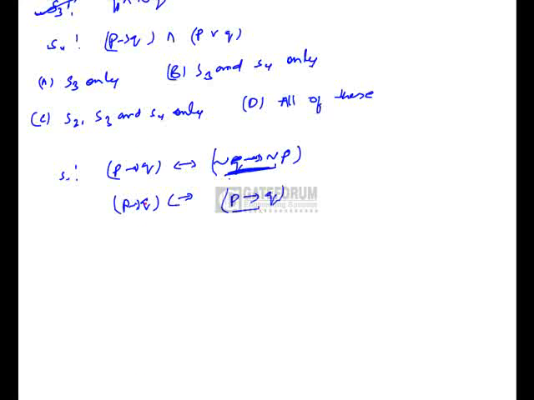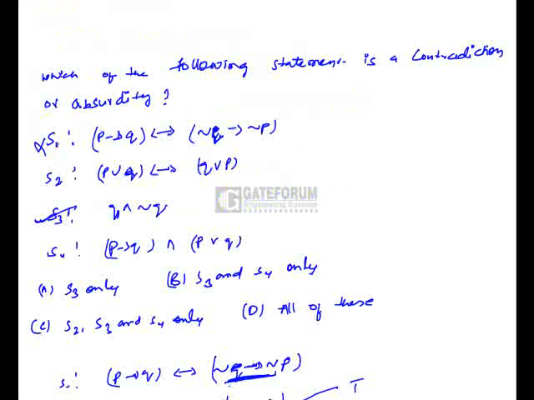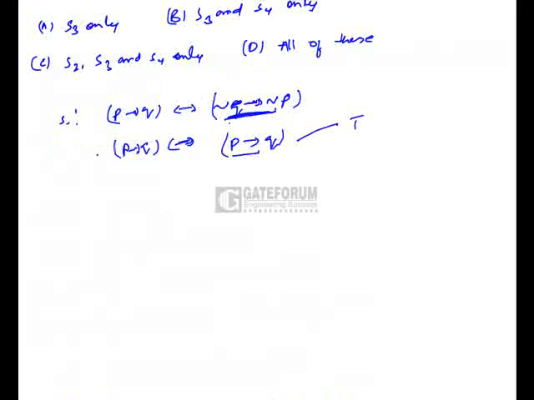So P implies Q biconditional P implies Q is nothing but a tautology. So we can eliminate S1.